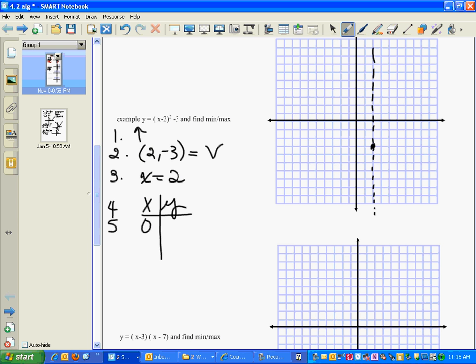You can make X whatever your heart desires in this case. Oh, okay. But you can't make it 2, because 2 is already taken care of. Right? You're going to get the same point, assuming you do the math right.